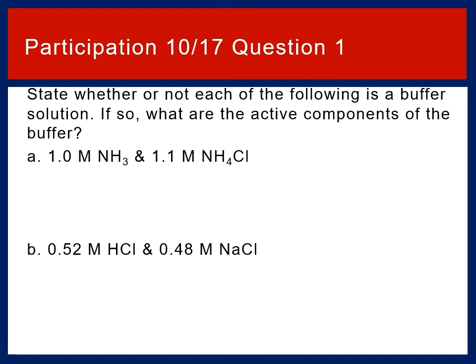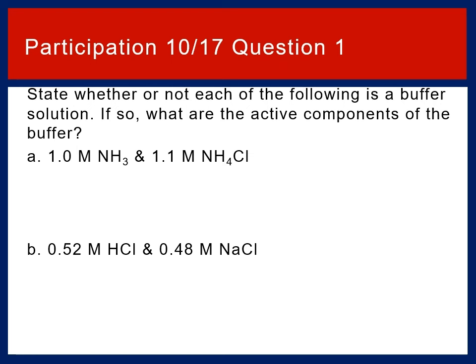Participation 1017, question 1. State whether or not each of the following is a buffer solution. If so, what are the active components of the buffer? A, 1.0 molar NH3 and 1.1 molar NH4Cl, and then B, 0.52 molar HCl and 0.48 molar NaCl.